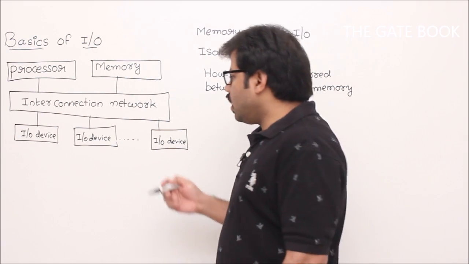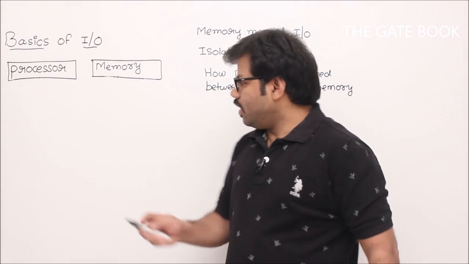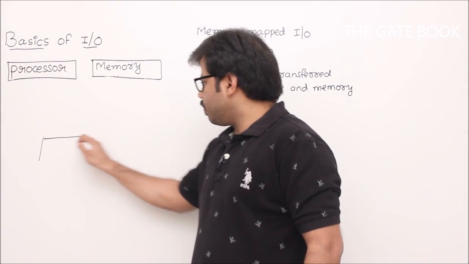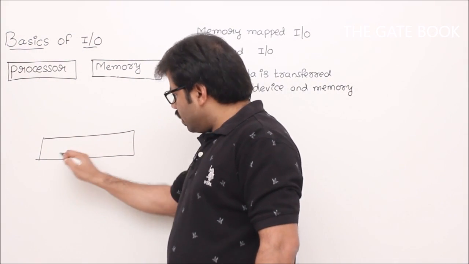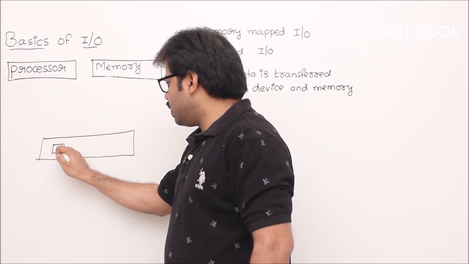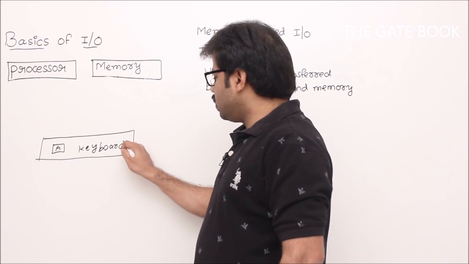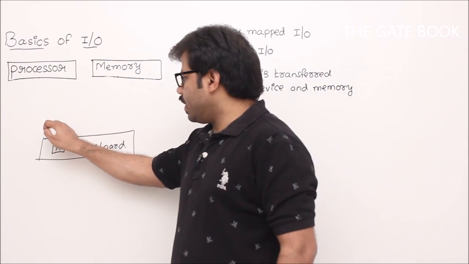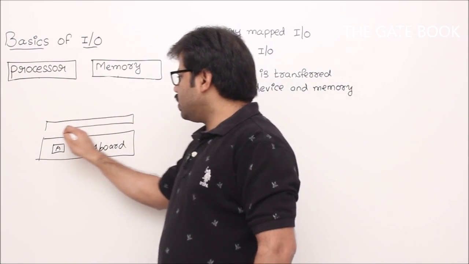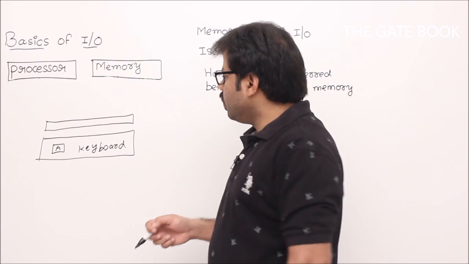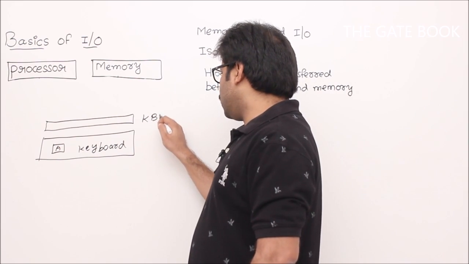How we will see. Generally, see here, for example, let's say you have a keyboard. In this keyboard you have a key A like this. This is your keyboard. What happens is, generally in most of the architectures, every I/O device is connected to one register. So let us call it the keyboard register.